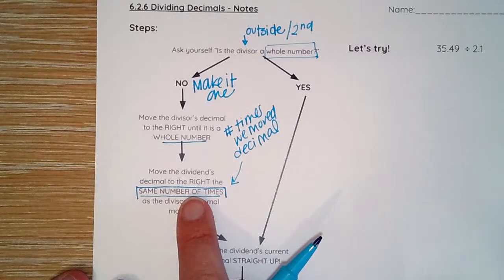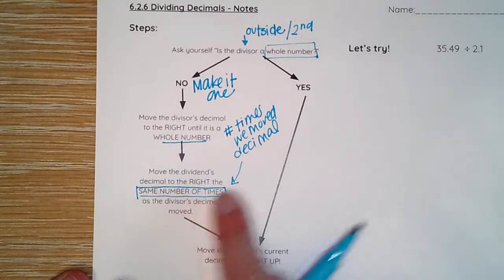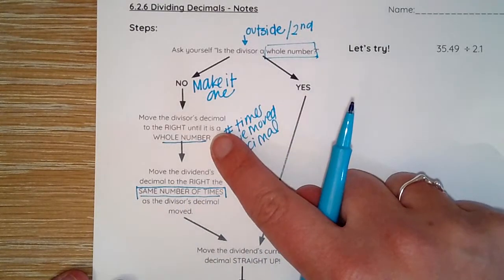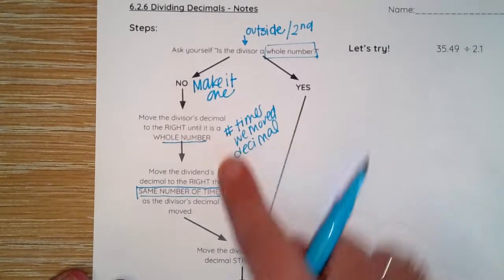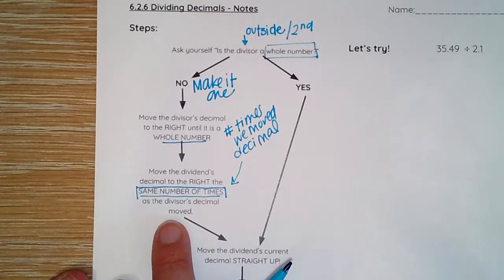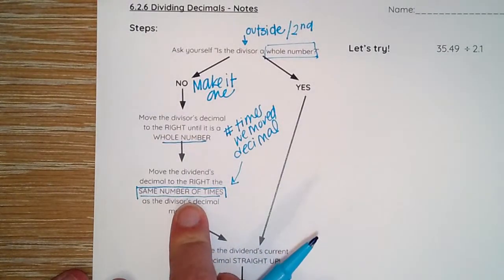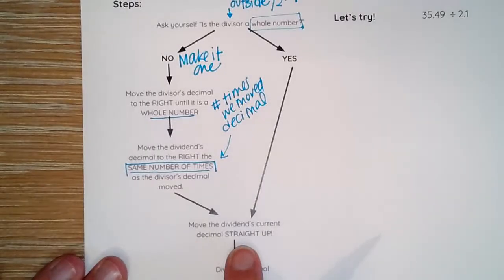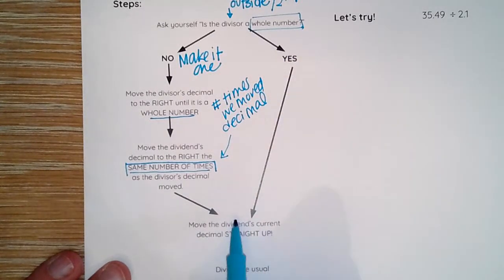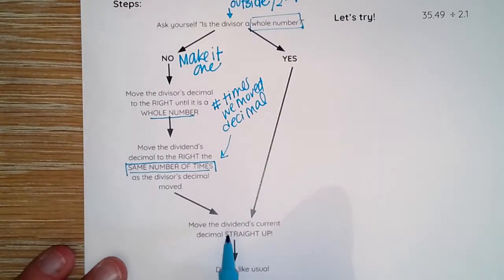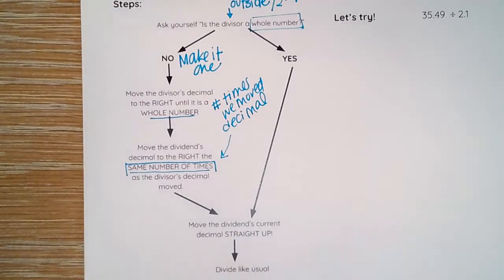What we care about is that the decimal has been moved the exact same number of times as the divisor's decimal. Then we should have a whole number in our divisor. So yes, now we can move the dividend's current decimal straight to the top and divide like usual.